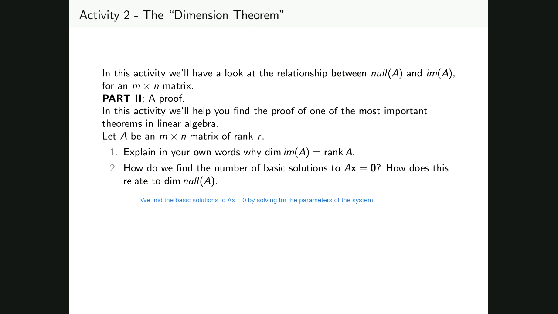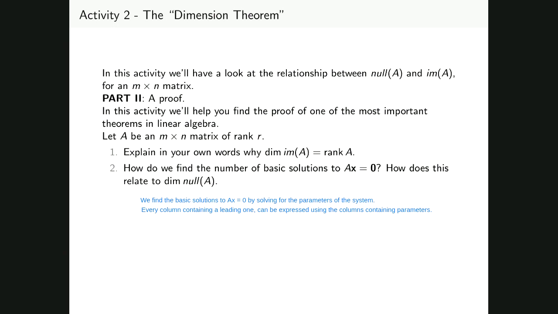Every leading one can be expressed using the columns containing parameters. So we first get the leading ones, then we move all the parameters over to the right-hand side, and that gives us a basis.